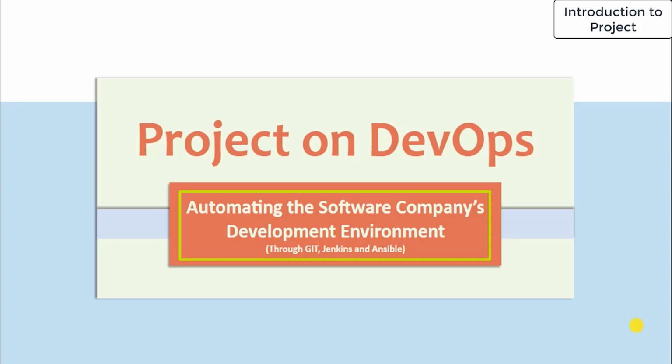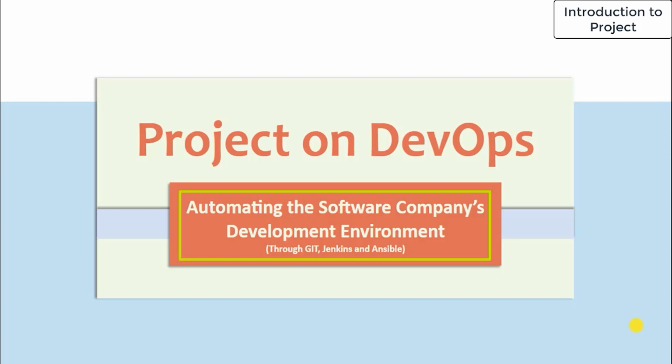So how do you define DevOps? You can define DevOps as a set of practices that combines software development and its operations. It aims to shorten the system development life cycle and provide continuous delivery with high software quality.